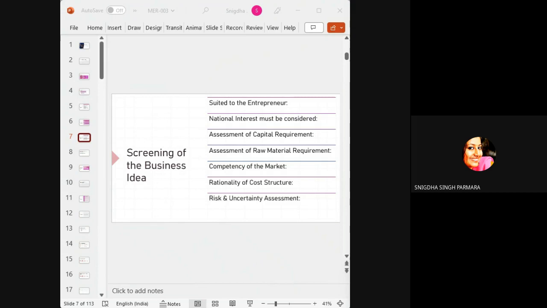Or if there is too much uncertainty or risk associated with changes in the taste and preferences of the customer, under such circumstances it becomes very unattractive to proceed with a certain business idea. So, on the basis of these considerations, business ideas are screened out.